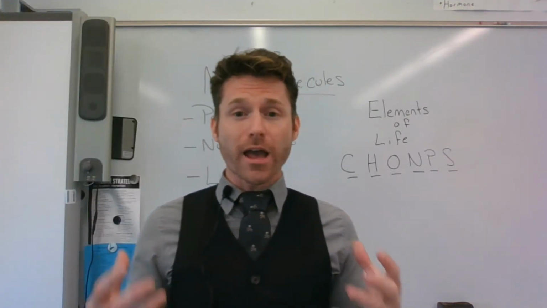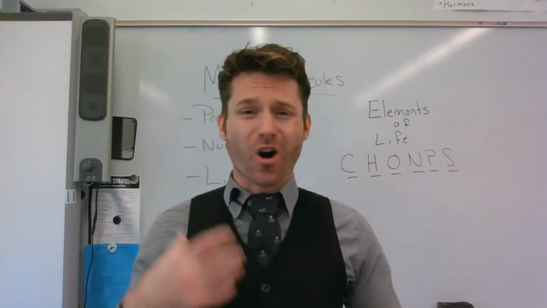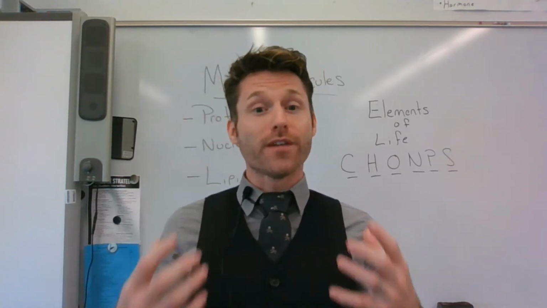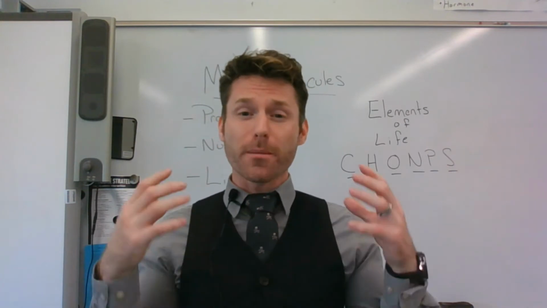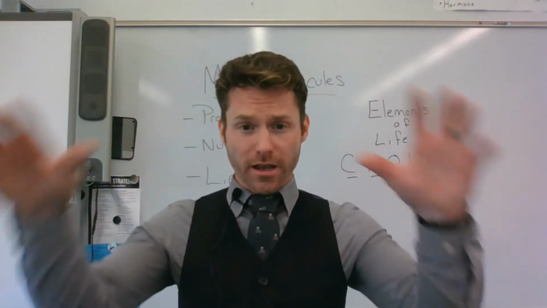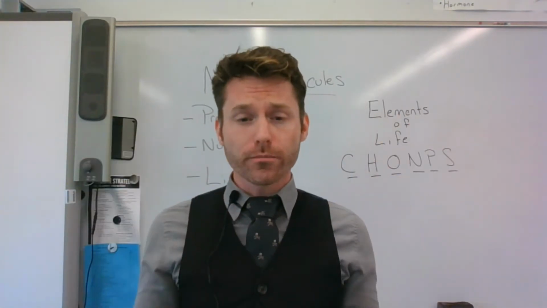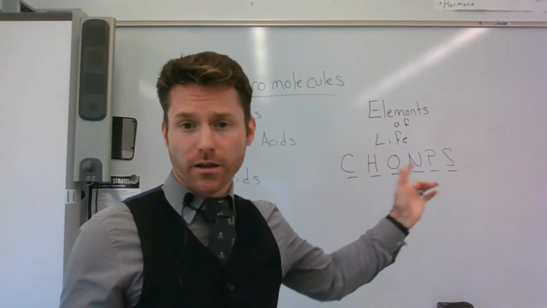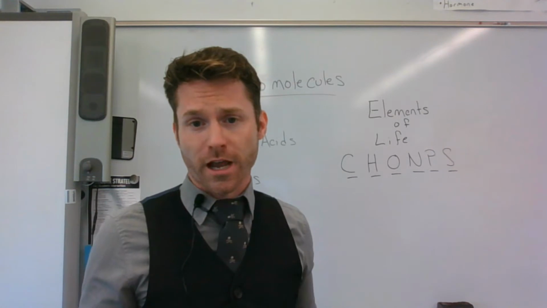And so we find these elements in all living things in varying degrees. And the amount that you find these elements within living things as a total percentage of the whole is in decreasing order within this acronym.